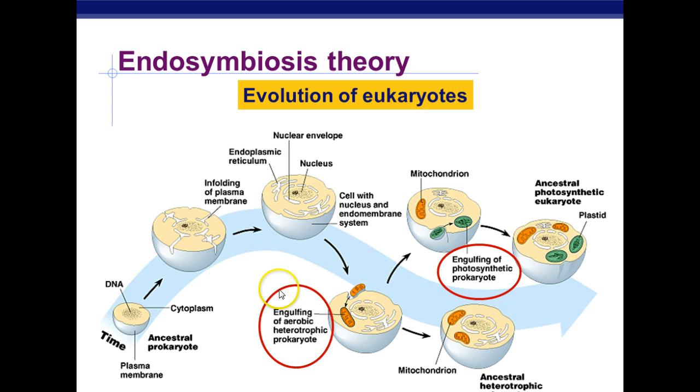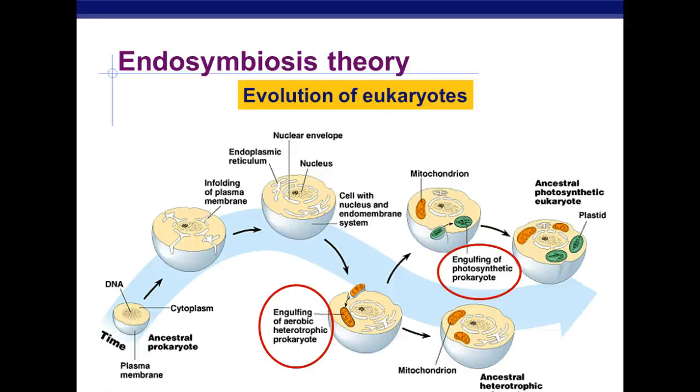So now, from engulfing two separate kinds of bacteria, these cells have taken a different evolutionary path, and the animal cells will develop out of this heterotrophic eukaryote, and our plants will evolve out of this photosynthetic prokaryote. So now we have a working theory of how both plant and animal cells evolve.